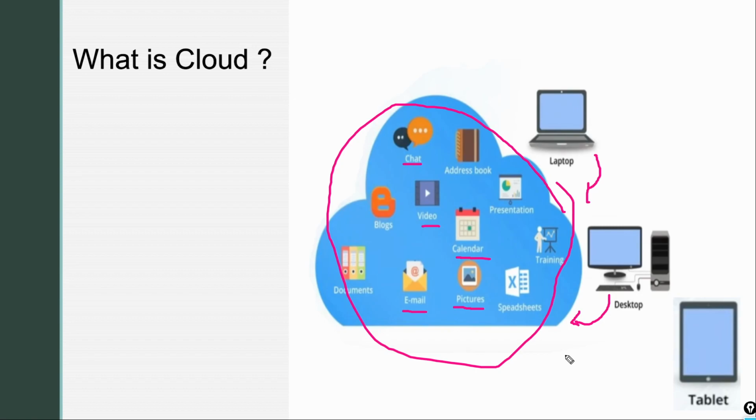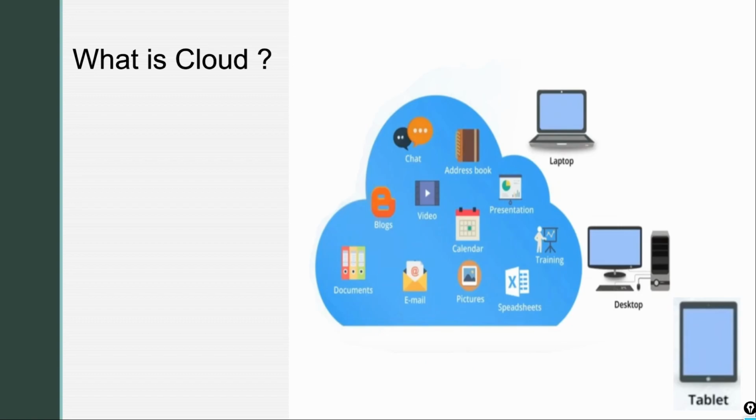Maybe you can chat or make a video call with a friend who lives overseas. How? Via cloud, via some services that are not here, I mean, in front of you, some infrastructures on a cloud, and you can use them. So basically, this is the concept of cloud.